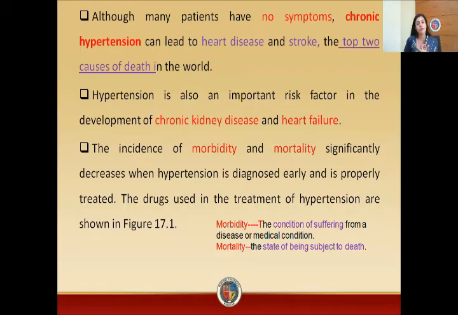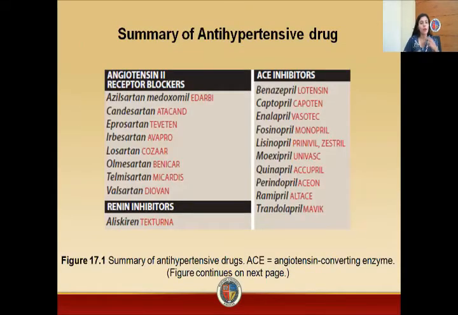Now, these are two different terms. Morbidity is the condition of suffering from the disease, while mortality means mortal. It is a state of being subjected to death. Now, what are the drugs which we use for hypertension?